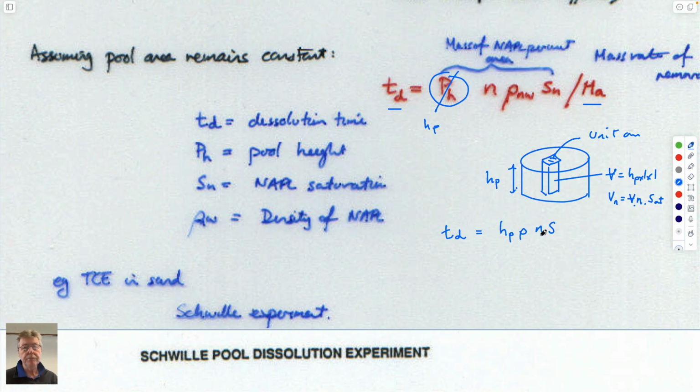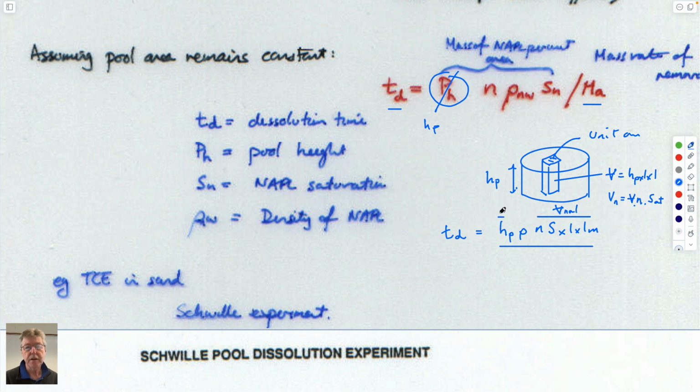Residual saturation of the NAPL and its porosity is the amount of the pore space that's filled up with NAPL. The height, the 1 by 1 meter. So this whole term here would be the volume of the NAPL per unit area times the height.